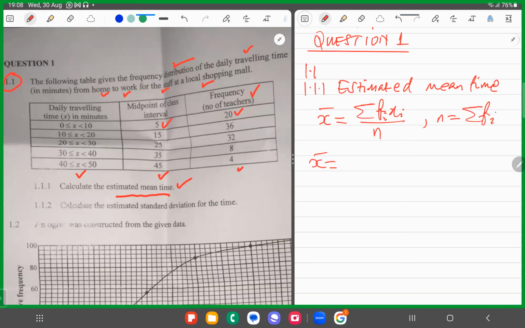So this one is going to be 5 times 20, 15 times 36, 25 times 32, 35 times 8, and then 45 times 4.